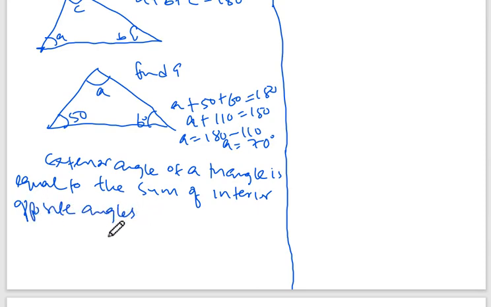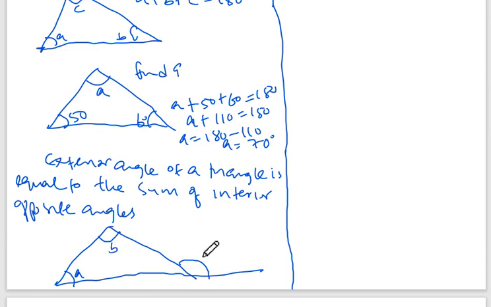For example, you have this. This is A, this is B, and this is C. So from this theorem, C, which is the exterior angle, is equal to A plus B.